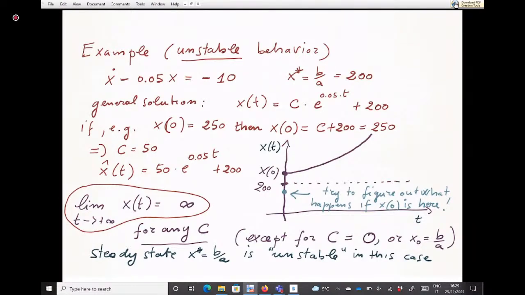This is an example of unstable behavior in the basic case of constant coefficients. x dot minus 0.05x is equal to minus 10. Okay? So this is again the basic case. There is no time varying b here.